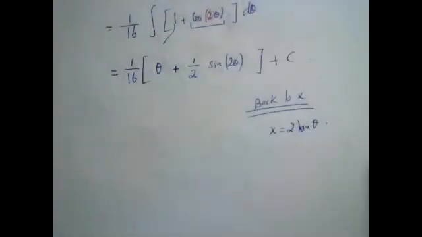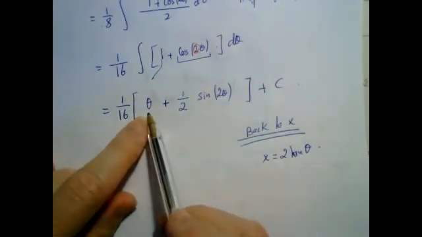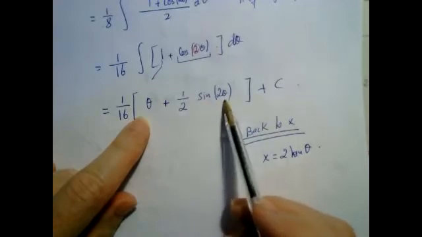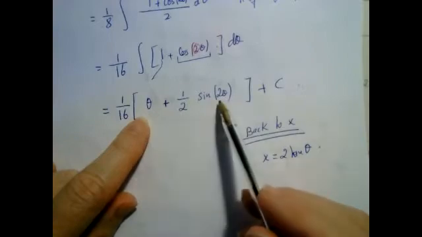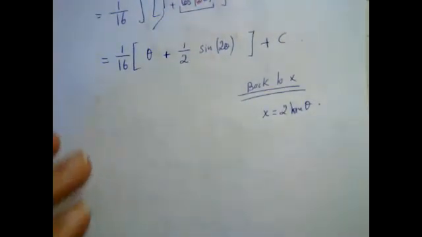Now, what do I need from this? I need theta, and I need sine 2 theta in terms of x. It's a bit of a nightmare, but we will get it.